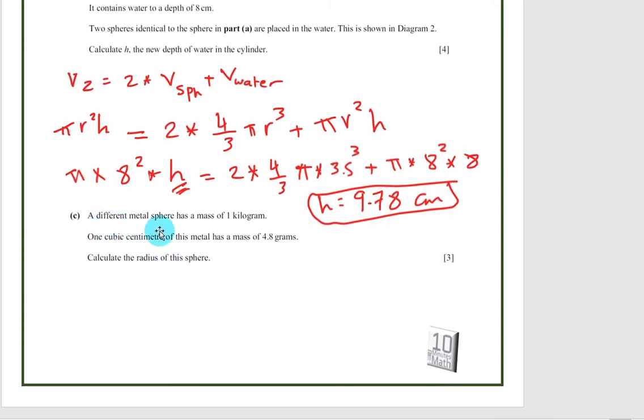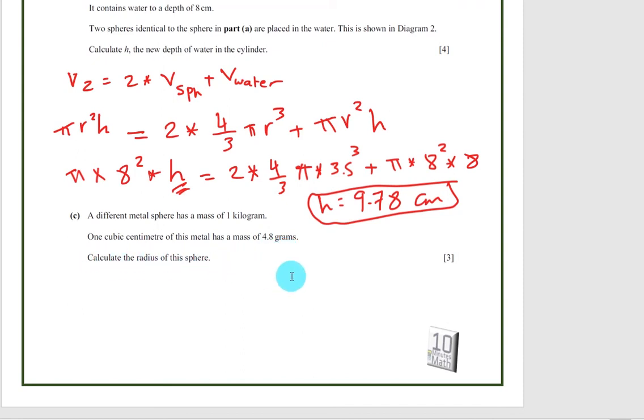A different metal sphere has a mass of 1 kilogram. 1 cubic centimeter of this metal has a mass of 4.8 grams.